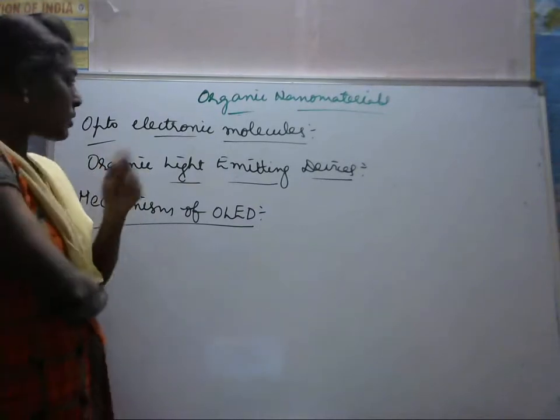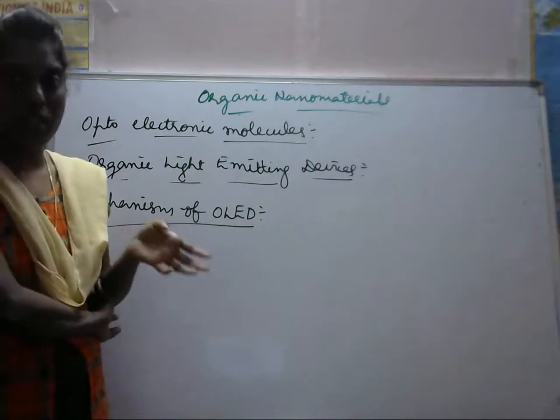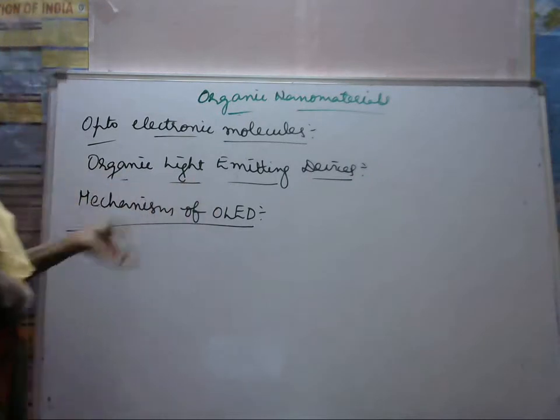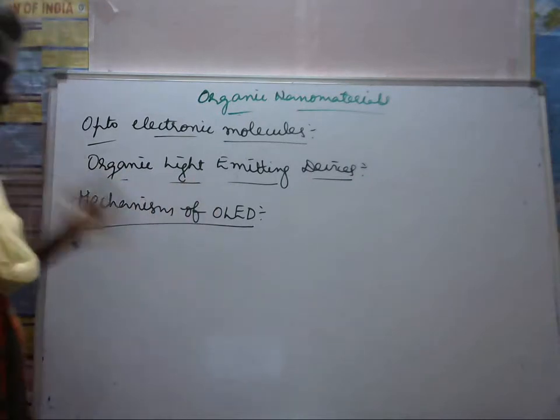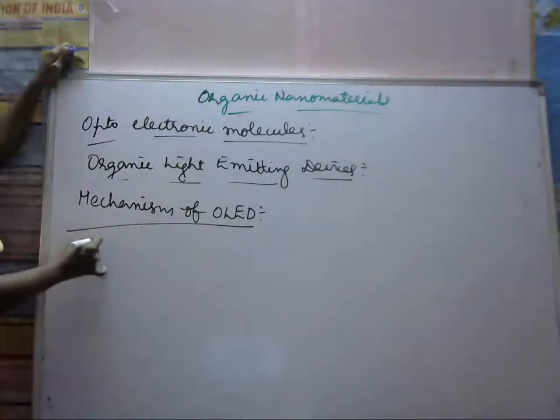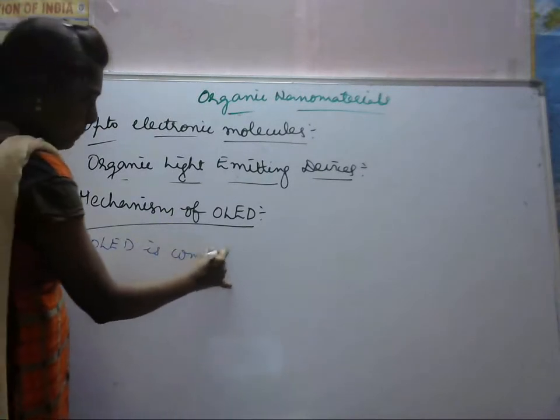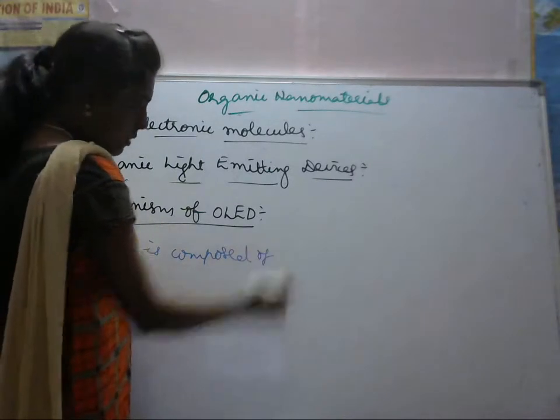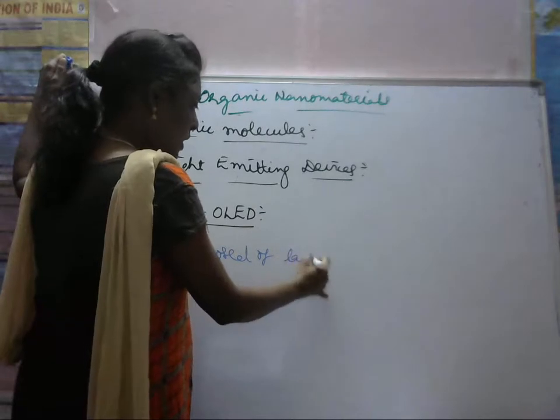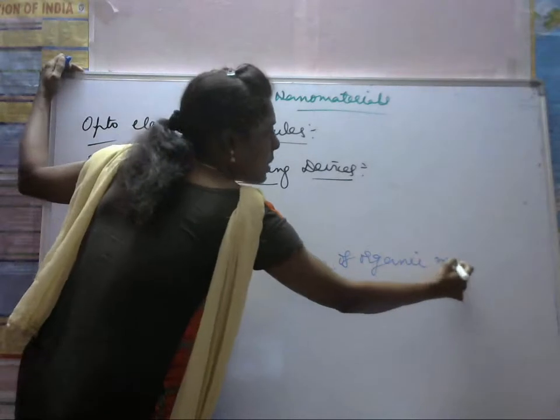In the previous class we have seen organic light emitting devices, how they work, what materials are present in them, and what the working principle behind them is. Now let's see what the mechanism of an OLED is. An OLED is composed of a layer of organic materials situated between two electrodes.